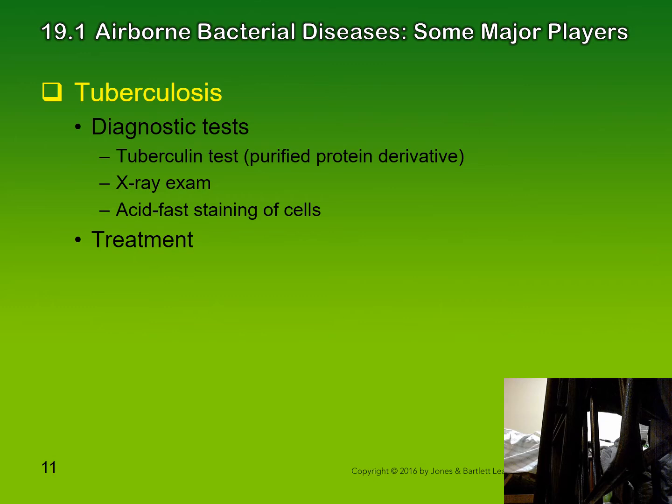Now, if you can get a sample, you can look for the bacteria directly, and mycobacteria are different. In the beginning of the course I said that you have gram positives and gram negatives.